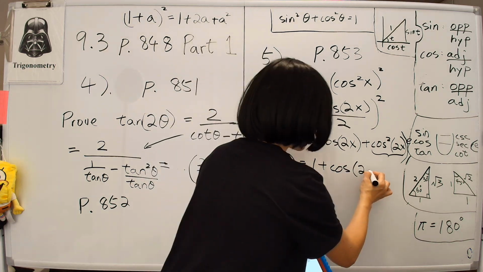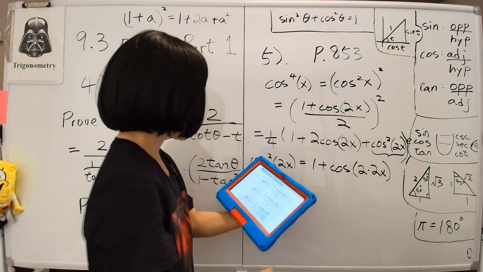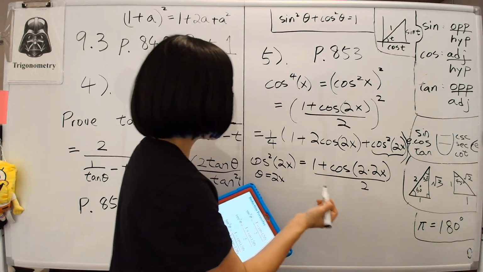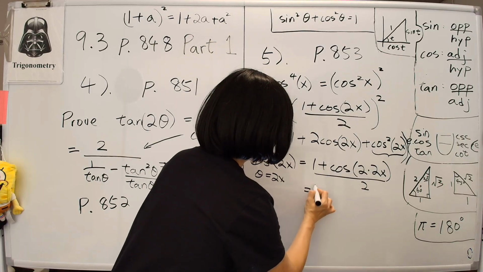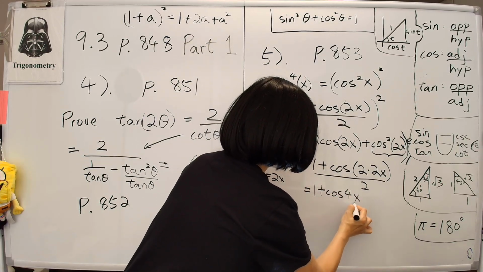Theta is 2x, so 2 times 2x is 4x, and this equals 1 plus cosine of 4x, divided by 2.